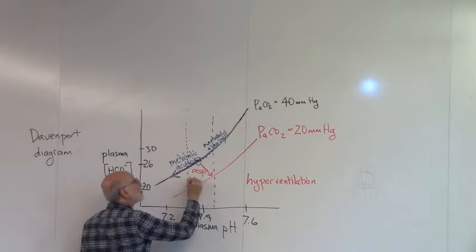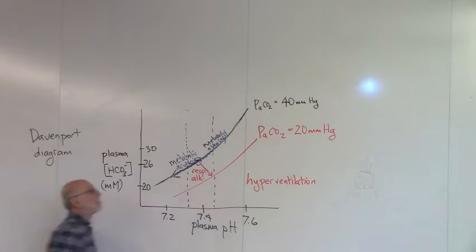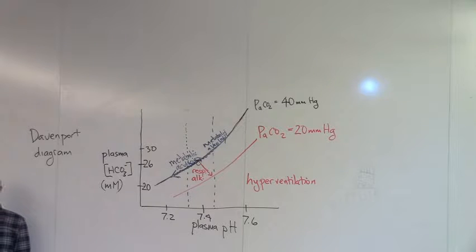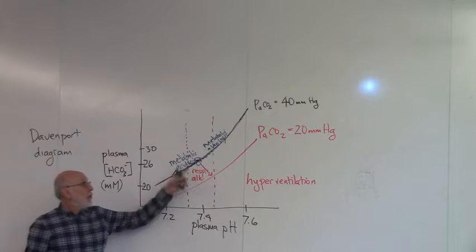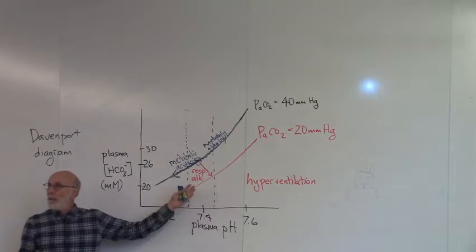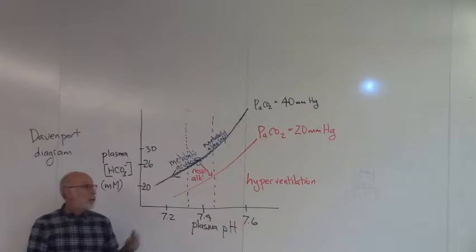Alkalosis. Respiratory alkalosis. Your body has not done anything yet, but you've changed your respiration. So you've moved from the normal point to a new respiratory curve.